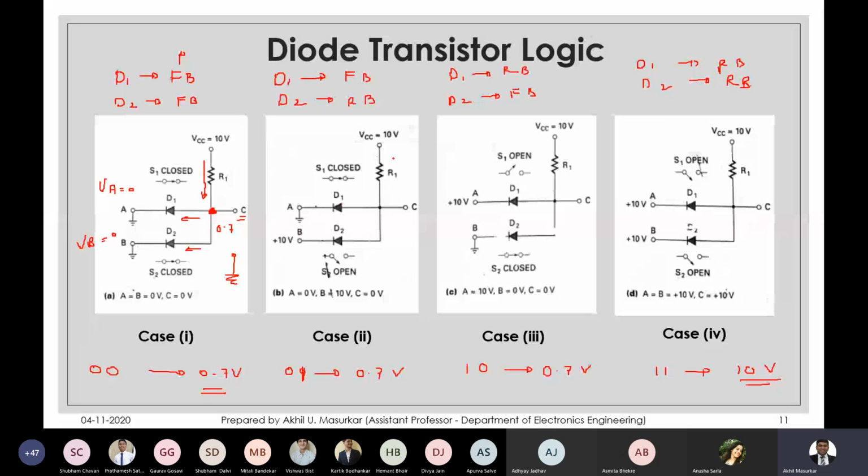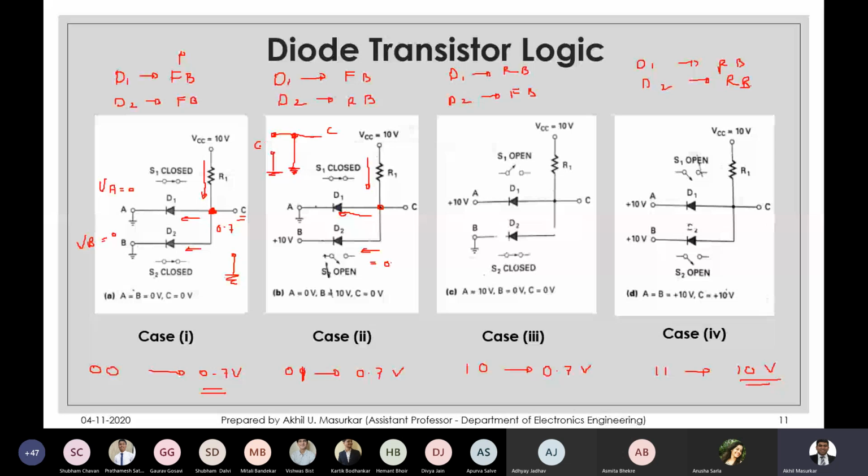Here the current will flow, but all the current will flow only through this diode. The current flowing through this diode is 0. So if you look at point C, the condition at this point is something like this: we have an on diode in parallel with the off diode.